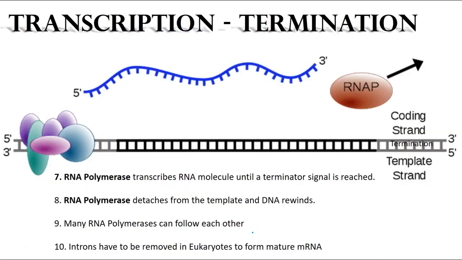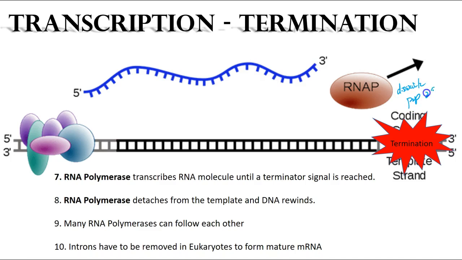Termination. We have reached the terminator region of this DNA molecule. And as soon as we reach the terminator region, this RNA polymerase is going to disassociate or pop off. And once it disassociates, it basically terminates the production of this mRNA molecule.